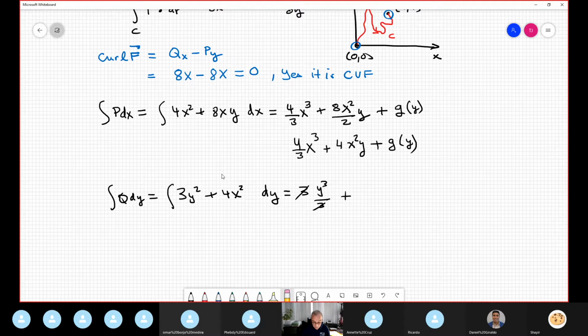So 4 is 4 x squared y, plus another arbitrary function depending only on x. Super. Okay, let me simplify.